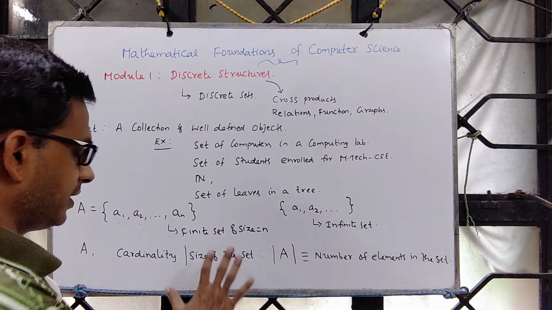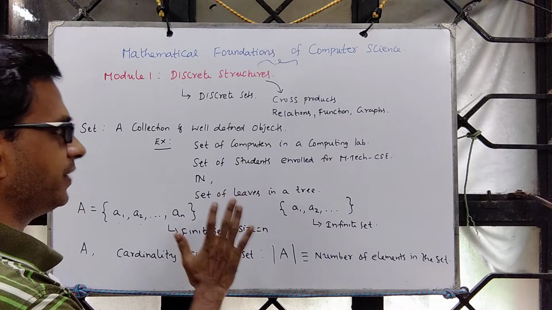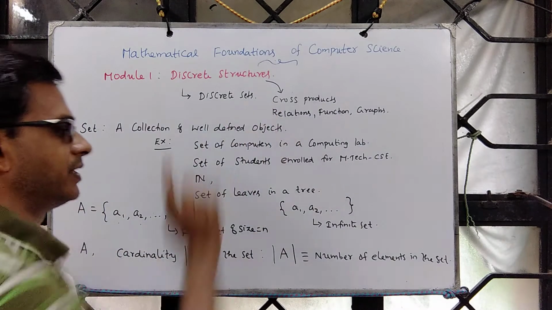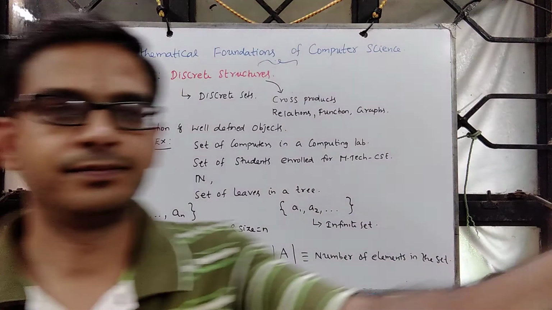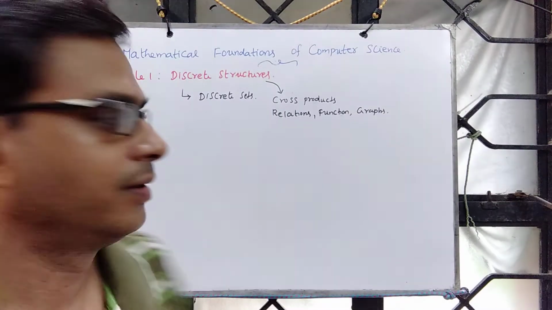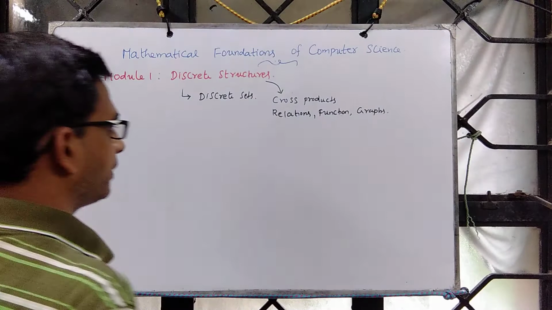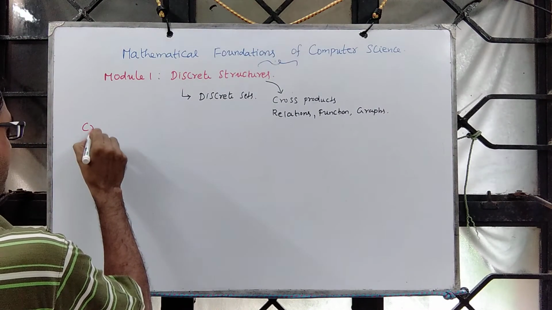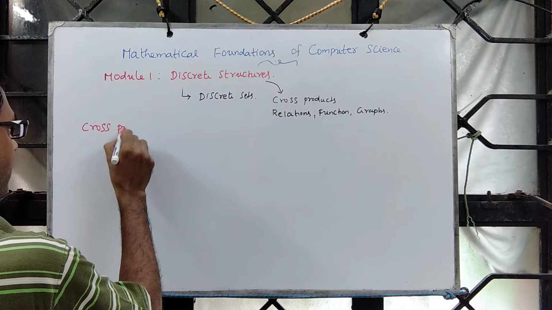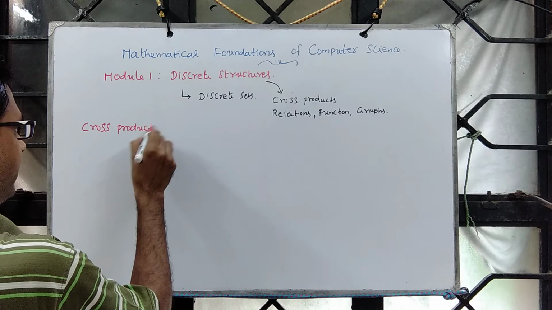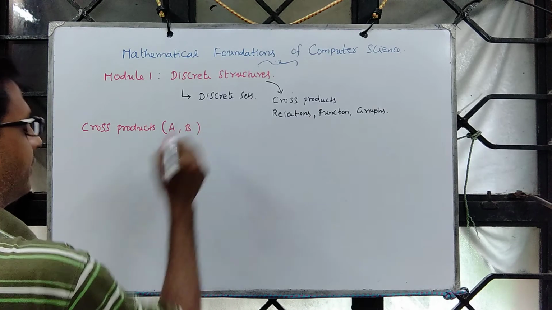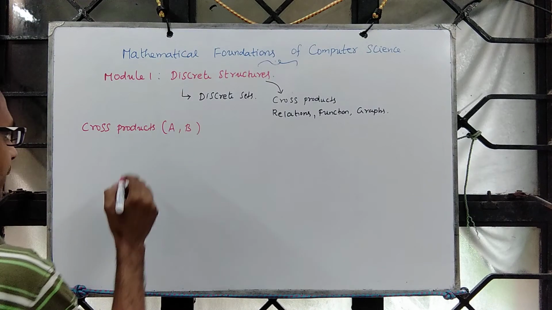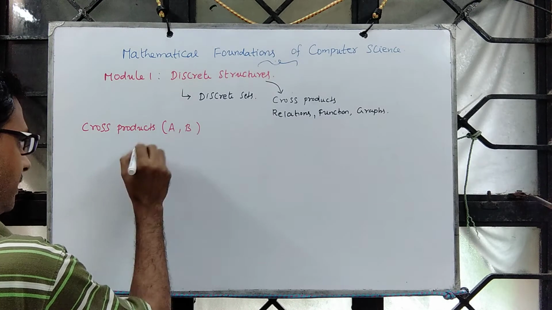So based on this, we discuss our very first discrete structure, namely cross product. The term cross product is defined using two sets, say A and B. And this is also a set.